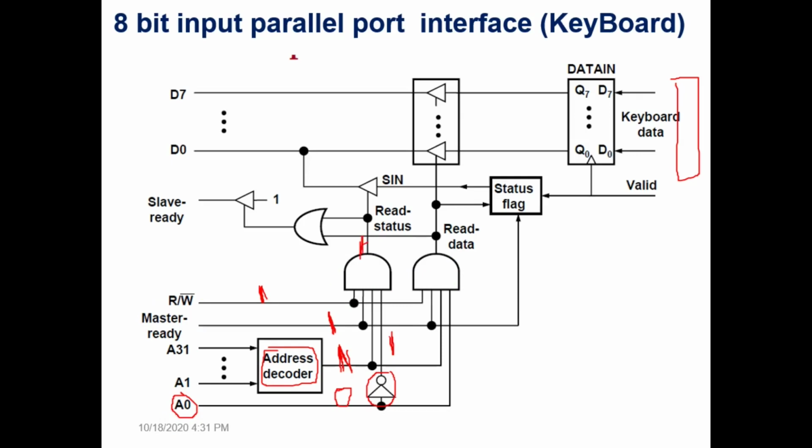This output is given to the tri-state buffer as well as one of the inputs to the OR gate. The first AND gate output being 1 drives this tri-state buffer and brings the SIN from the status flag onto the D0 line here.